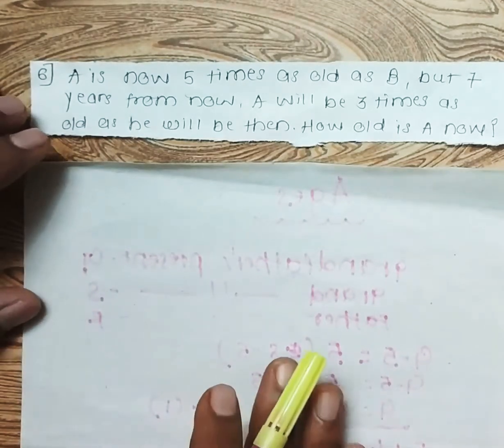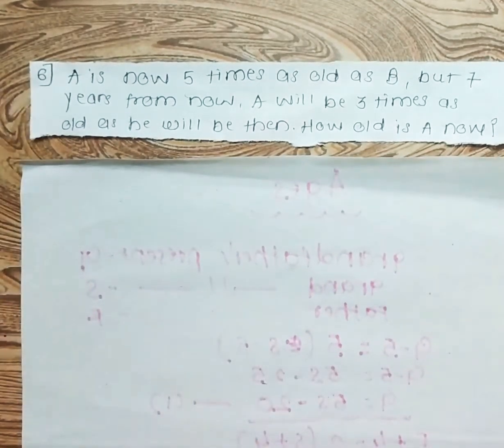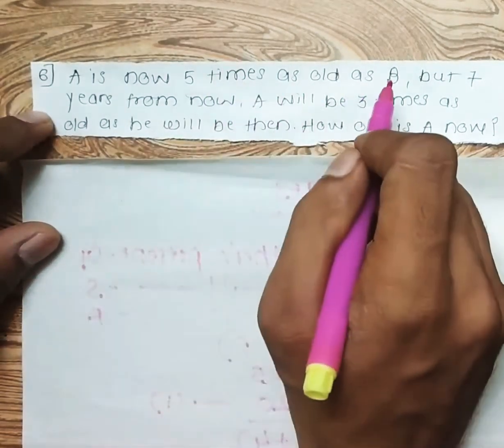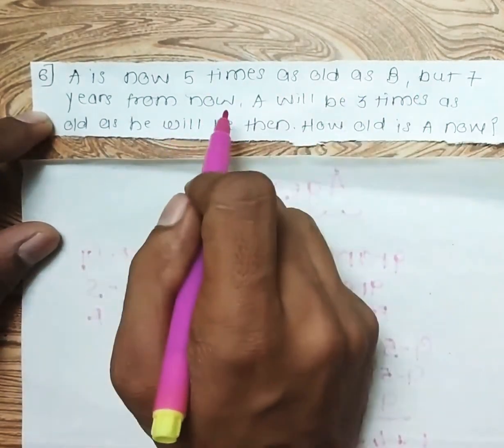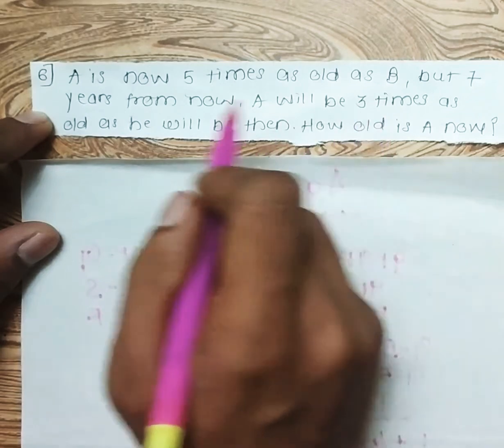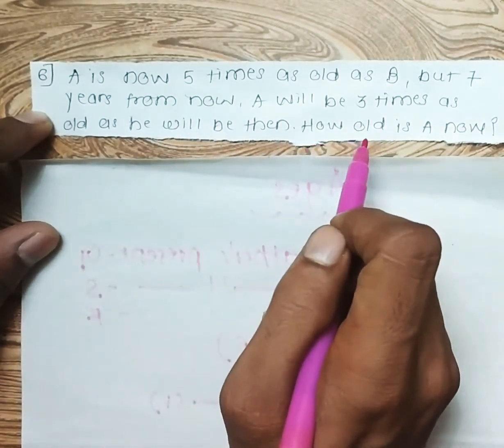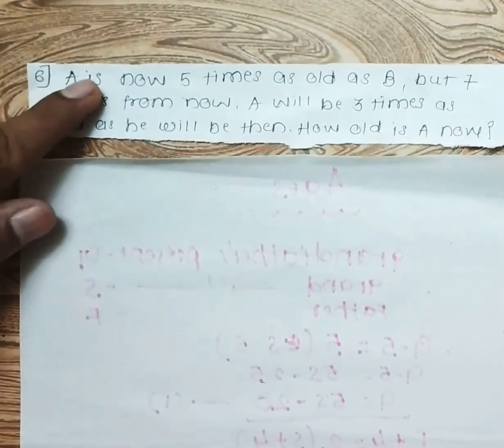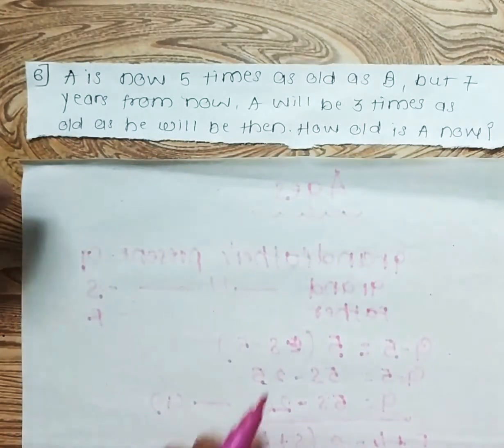Now the next question is: A is now 5 times as old as B, but 7 years from now A will be 3 times as old as he will be. Then how old is A now? Okay, we don't know the present ages of A and B here. We just have to assume.